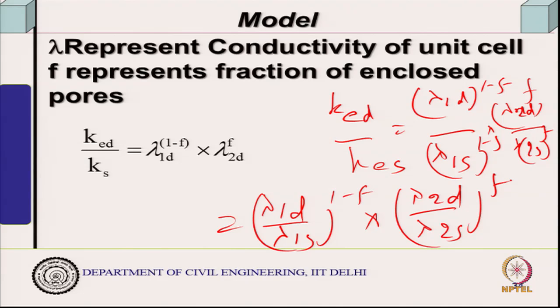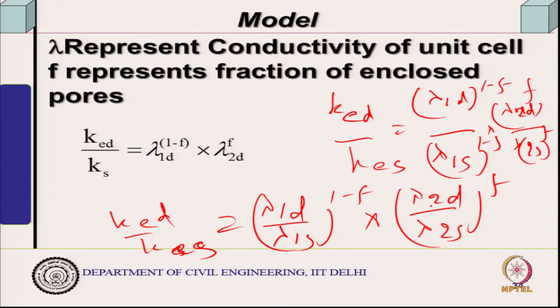So, KED by KES is known to me experimentally, take log of both sides. This is known to me from the models, for various values of Ks I have found it out.